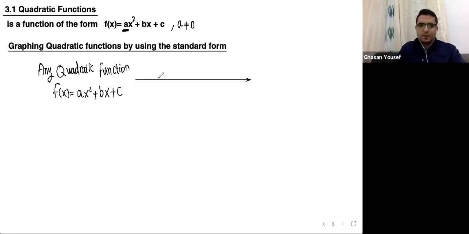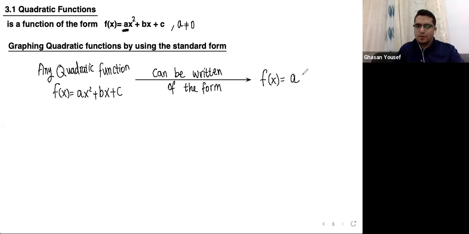It can be written in the form f of x equals a times x minus h squared plus k.